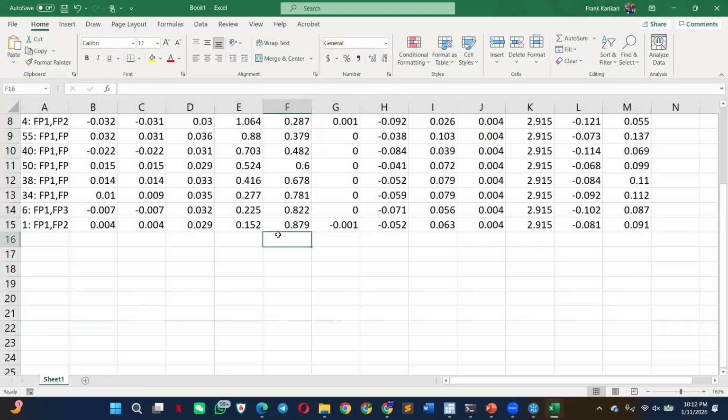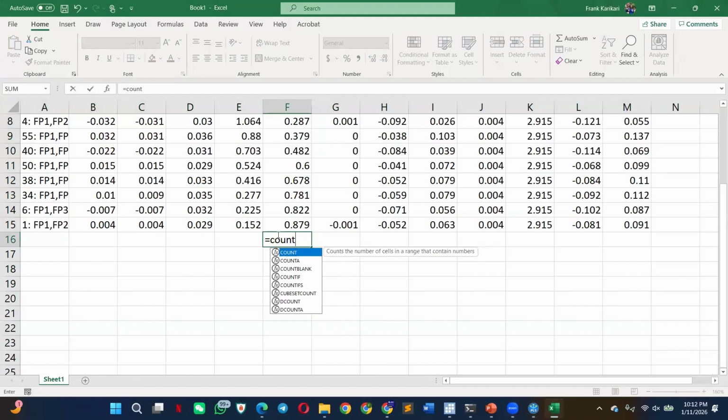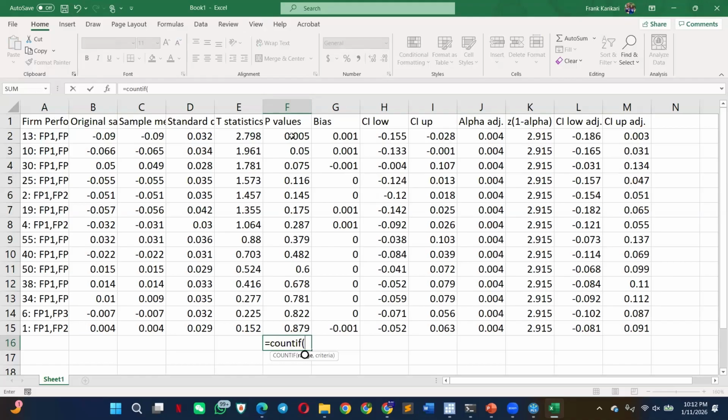So I can just use an Excel formula: equal to COUNTIF, then the bracket, this range of values, comma, is greater than 0.05. All right, then I'll close the brackets.